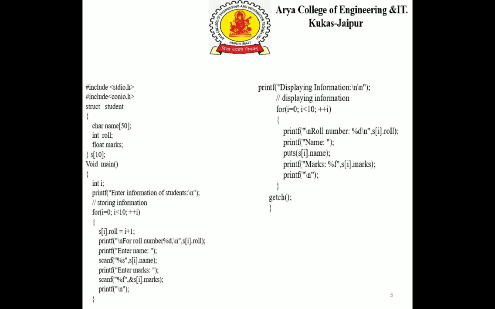We are taking the name as input in the scanf statement using %s. This time for s[i] we are not using an address sign because for strings we do not take the address. Dot name, then we take input of marks, and then in the next for loop we output this information of the student on the screen that we have inputted.